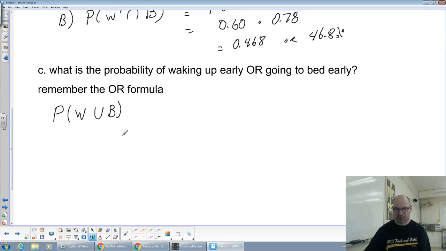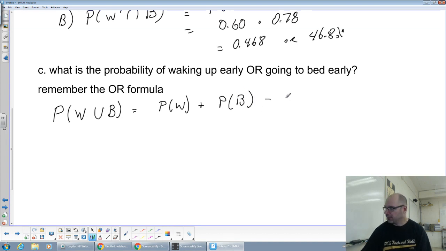So for doing that, we have to remember the OR formula is probability of W plus the probability of B minus any overlap there might be. This is where W intersect B. So that's what we have to use. So the first step that you think of is you have to figure out to yourself, well, how do I know if these are independent events? Because we're assuming that.